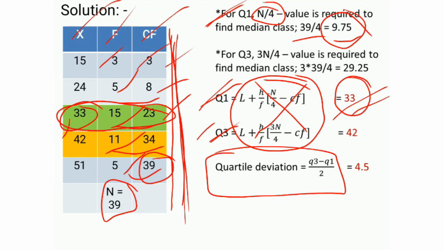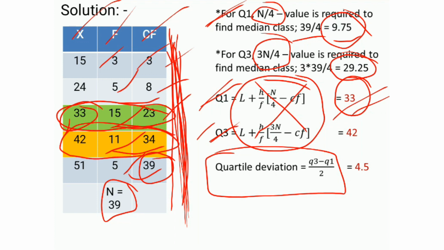Similarly for Q3, you apply a small logic, that is the formula 3n by 4. 3 times n, that is 39, by 4 is 29.25. Again check in the cumulative frequency which value is greater than and nearest to 29.25, that is 34. So this row is represented in yellow color.